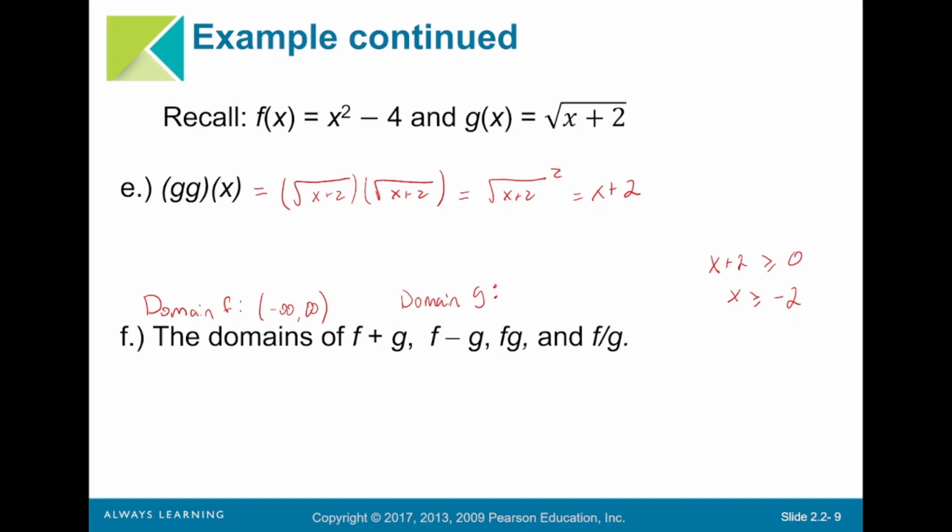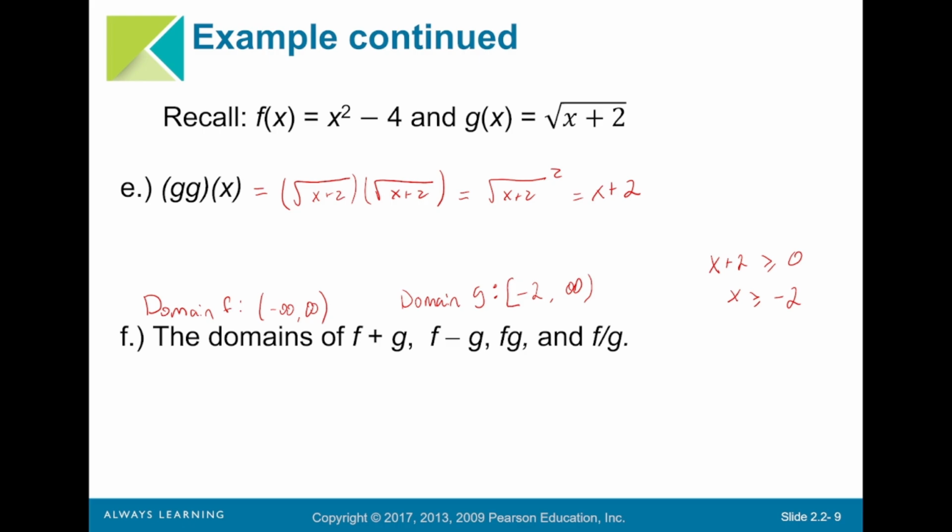So then the domain of g is everything where x is greater than or equal to negative 2. So things like negative 1, 0, 1, 2, and on and on upwards. Which means we start at negative 2 and we go on to infinity. Parentheses with the infinity, and it's okay to include negative 2. So there's our domain of g.